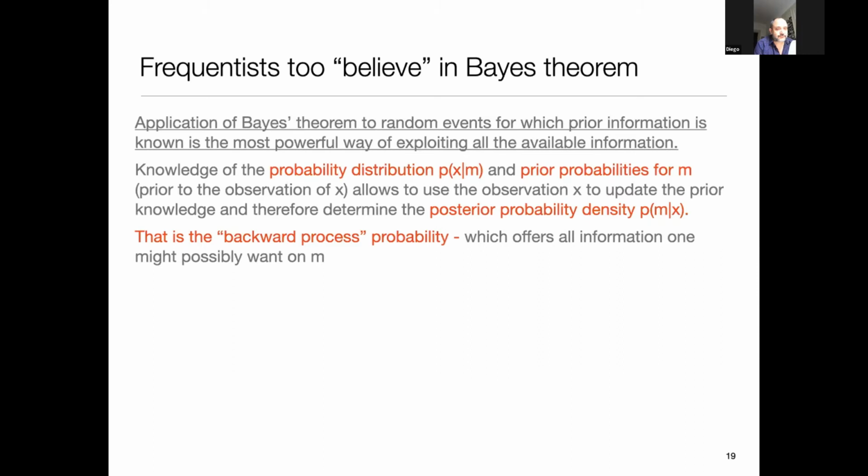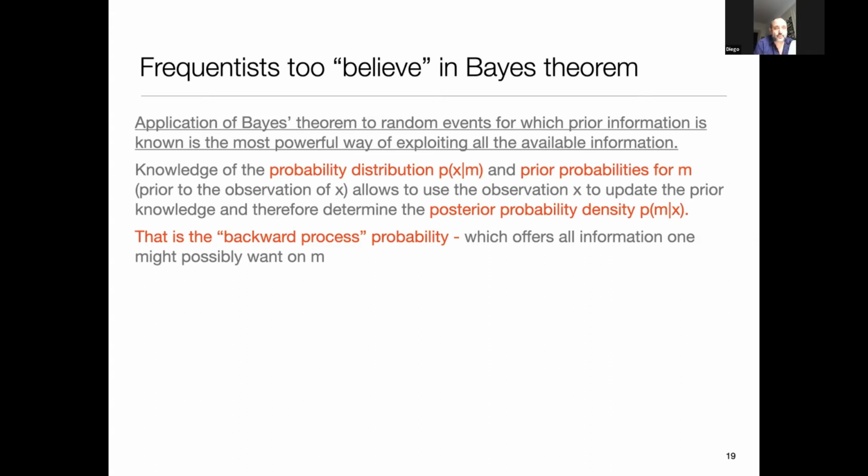So frequentist statisticians too use Bayesian statistics when it applies to random variables and when the prior distributions are known. The priors, remember, are this P of M. It would be stupid not to do so.